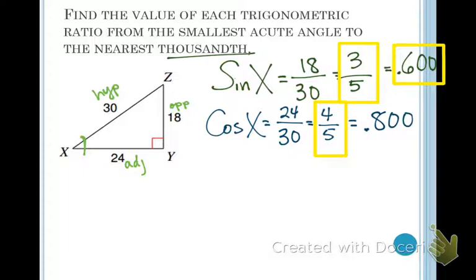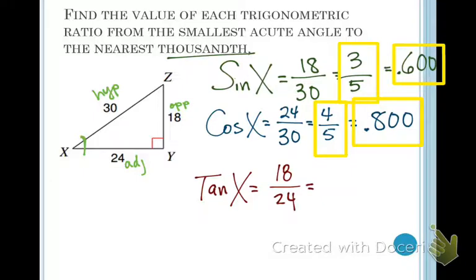Again, if you want the zeros, you can have them. Last is tangent from x, and it equals the opposite over the adjacent. So the opposite is over the adjacent. This reduces to 3/4, which as a decimal is 0.75. Good.